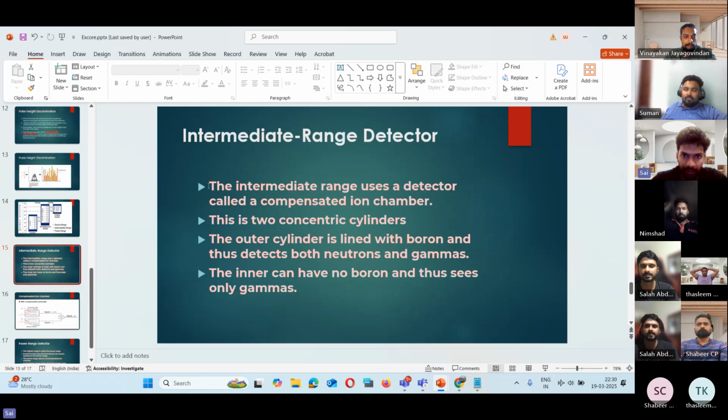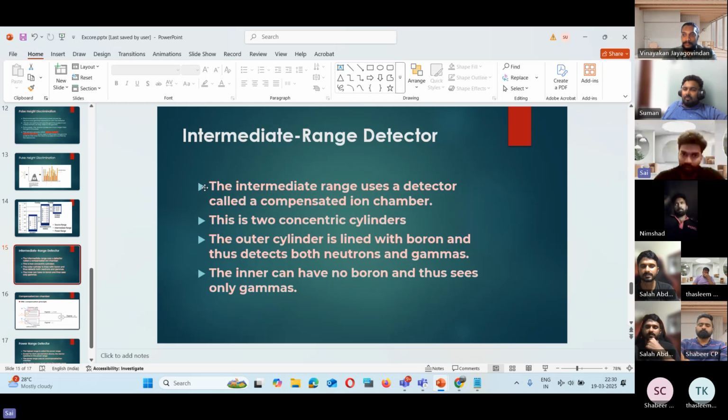So this is the explanation about the intermediate range detectors. The intermediate range detectors use a detector called a compensated ion chamber. The reason why it is called a compensated ion chamber is because we are excluding the effects caused by the gamma, leaving the neutrons.